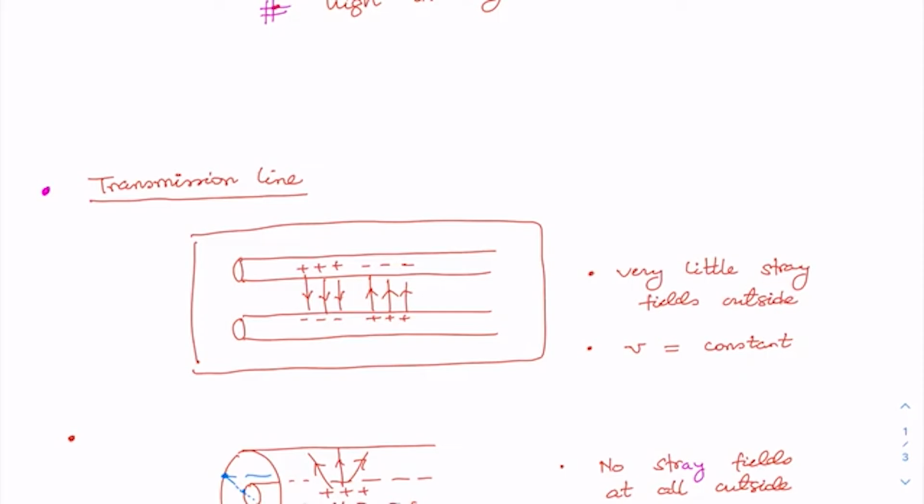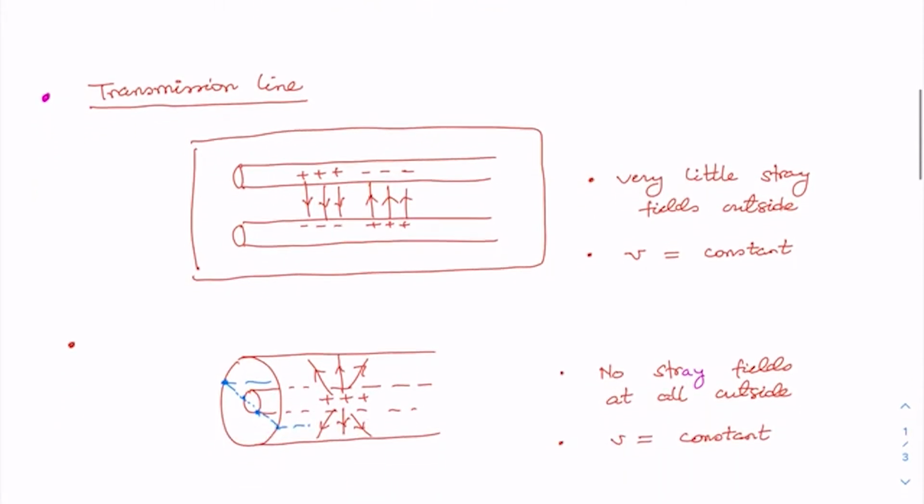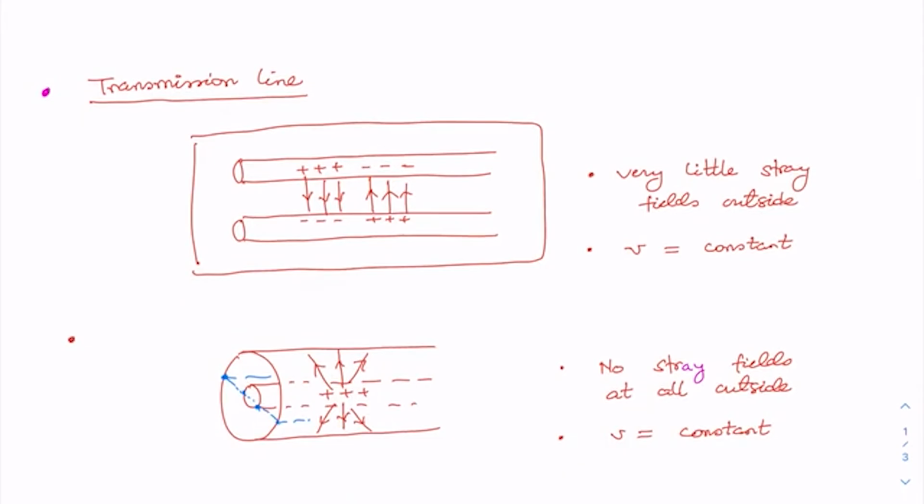The advantage of this coaxial cable is that there would be hardly any stray field at all outside, and that is advantageous, and the speed of the signal in both the cases is going to be constant. That is, it is not dependent on either wavelength or the frequency.